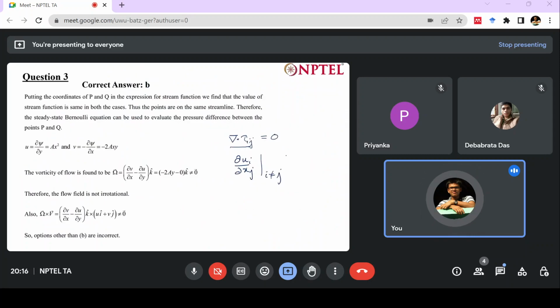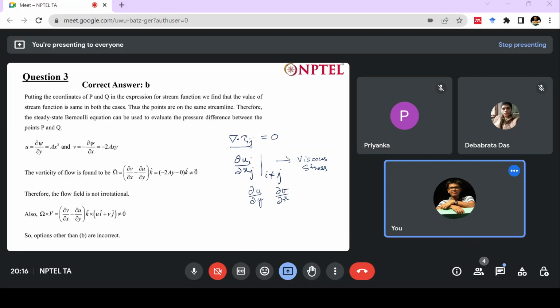These represent my viscous stresses. If it is not mentioned whether the flow is inviscid, then you can check whether these components are zero or not. Here there are two such components. One is del u del y, and another is del v del x.